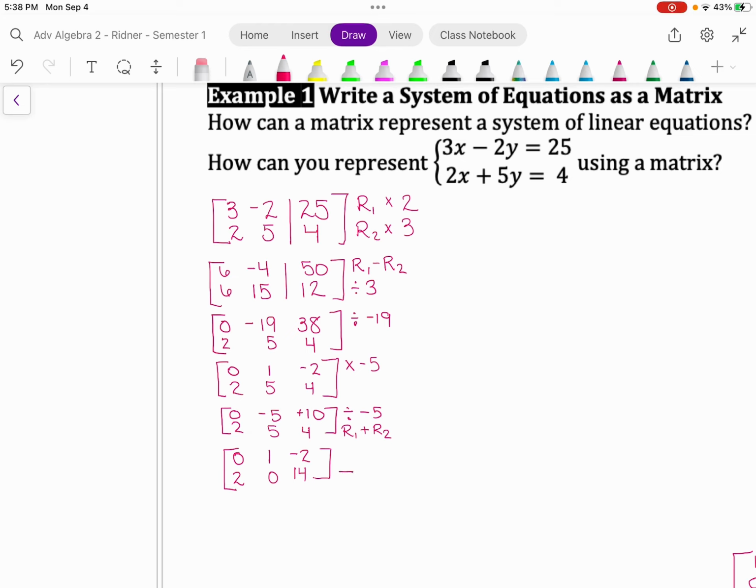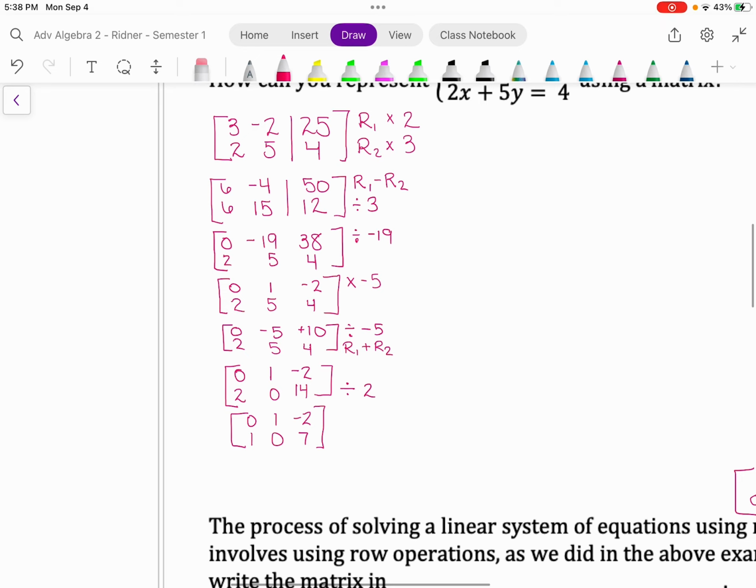This row is all even, so I can divide it by 2. And now I have it how I want it except reverse, and it is always okay to flip it. So 1, 0, 7 on the top, 0, 1, negative 2 on the bottom.